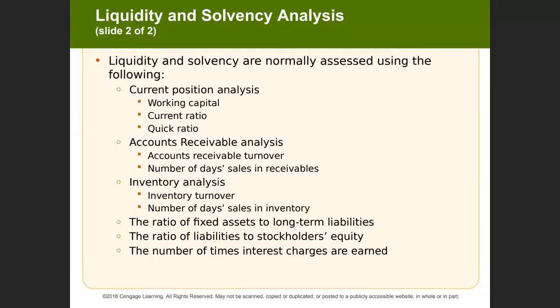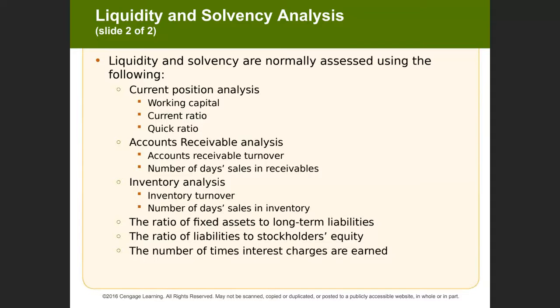Liquidity and solvency are normally assessed using current position analysis, accounts receivable analysis, and inventory analysis, the ratio of fixed assets to long-term liabilities, the ratio of liabilities to stockholders' equity, and the number of times interest charges are earned.